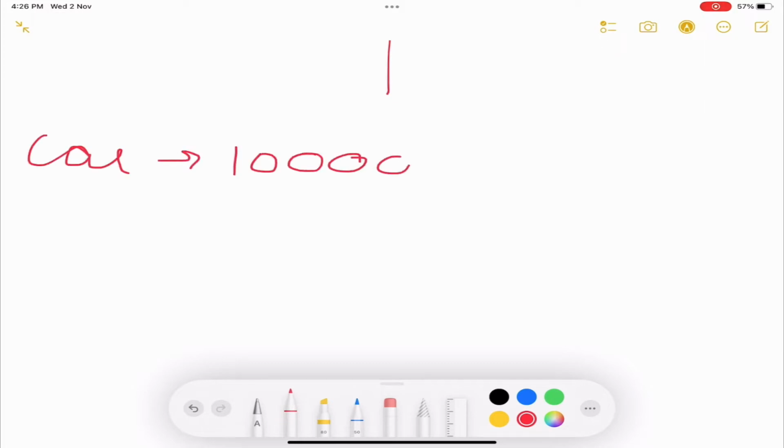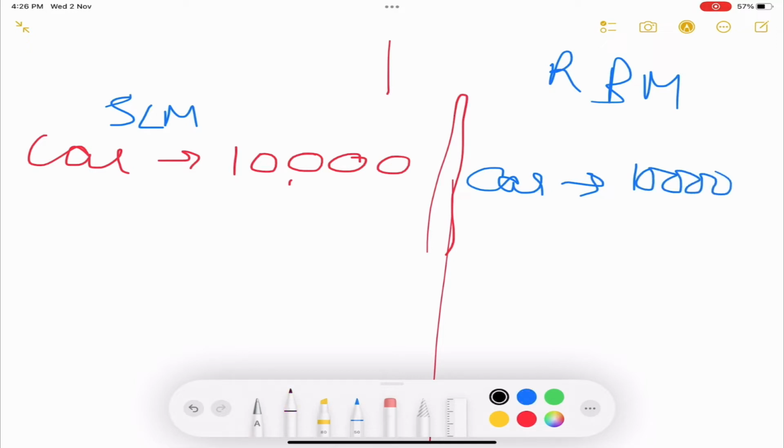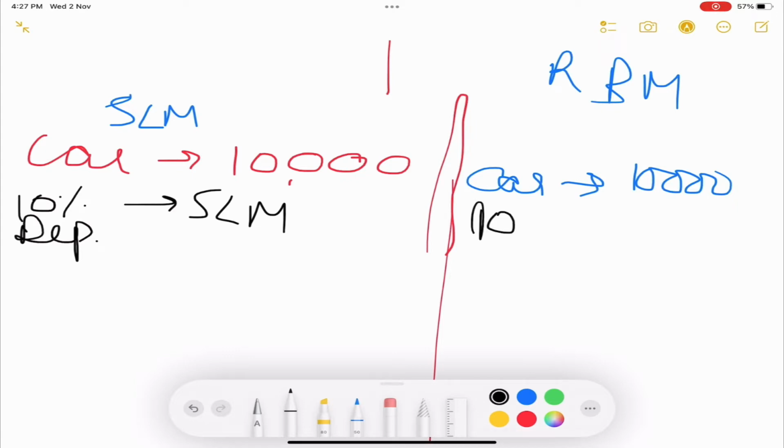Let's say we have a car of 10,000 rupees or $10,000. Let's also say that using both straight line method and reducing balance method, we will be doing the same question. So we have a car of 10,000. Now, the depreciation percentage will be given in the question. Let us assume it to be 10%. So we are doing it by straight line method, so depreciation percentage is 10%. 10% for reducing balance method as well.